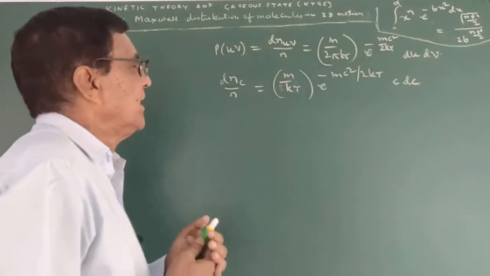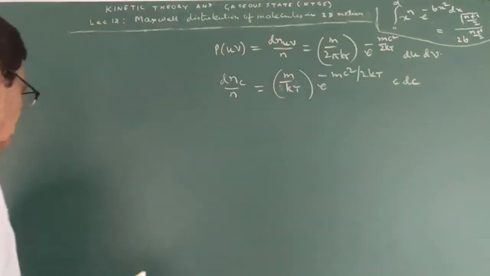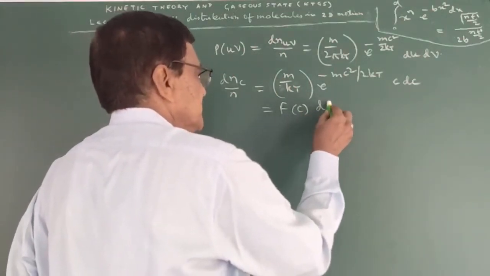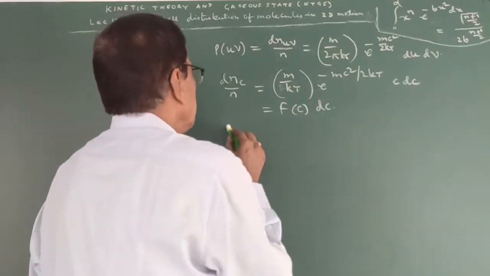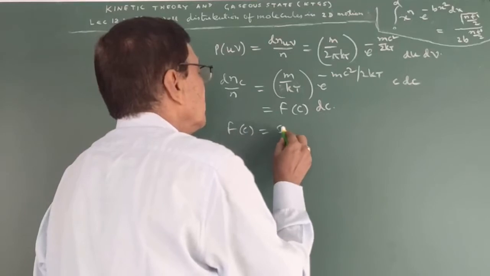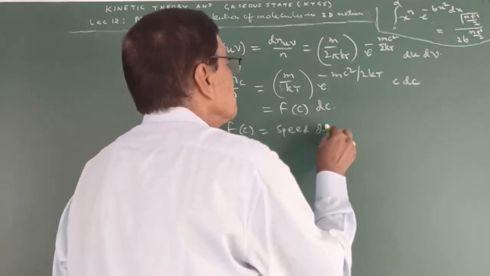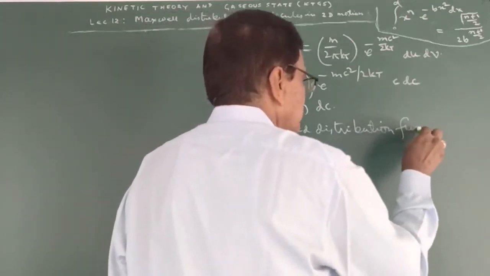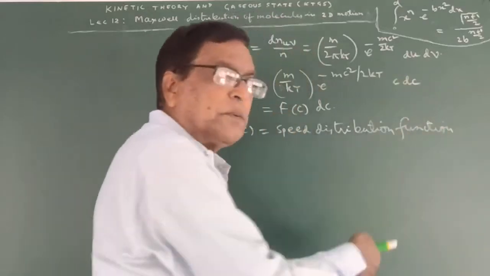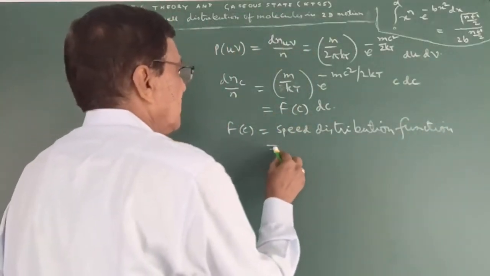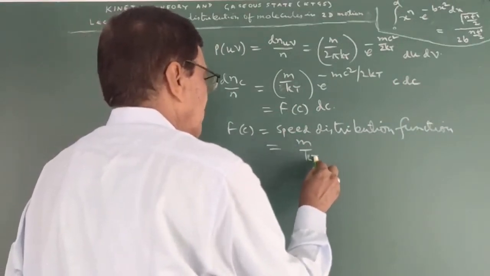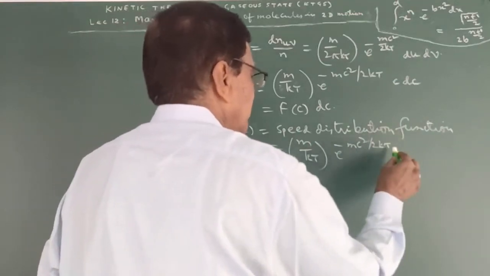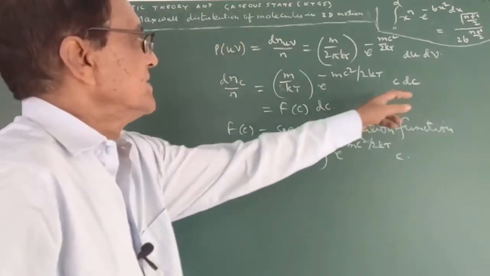And you see from this, if you draw this curve, this could be written as f(c) dc, where f(c) is called the speed distribution function, of course in planar motion, and this is equal to m by kT and e to the power minus mc square by twice kT, and here c. dc is cancelled.